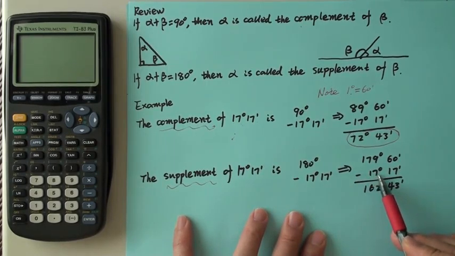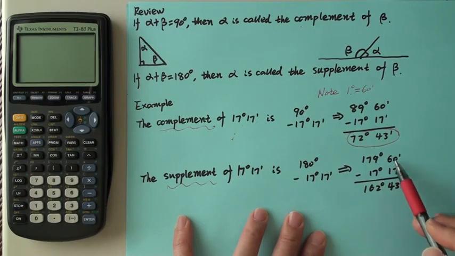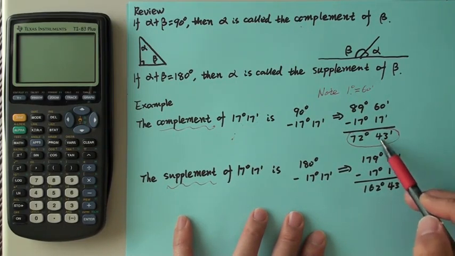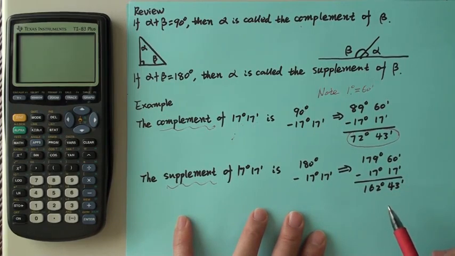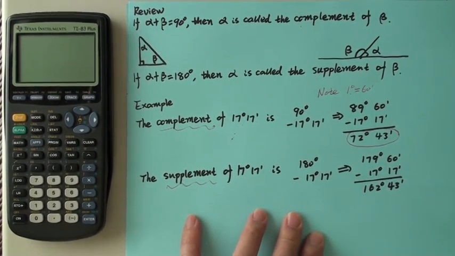Then subtract 17 degrees, 17 minutes. 60 minus 17 is 43 minutes, and 179 degrees minus 17 degrees is 162 degrees. Okay, so this is the example.